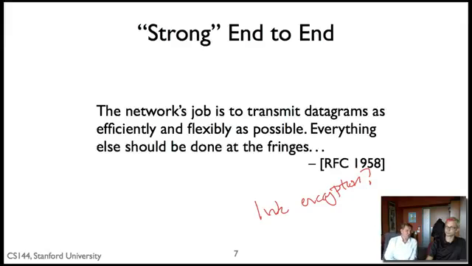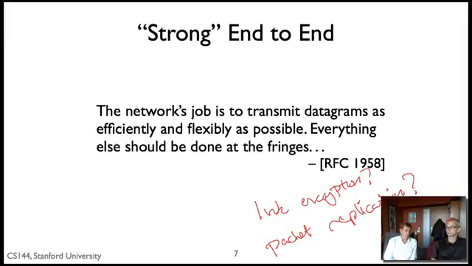For example, there's a very common desire for the network to replicate packets on our behalf. Imagine that you're listening to or watching broadcast TV over the network. It would be natural to suggest that the network replicate the packets from when they're being transmitted to be received by everyone who's watching that broadcast.